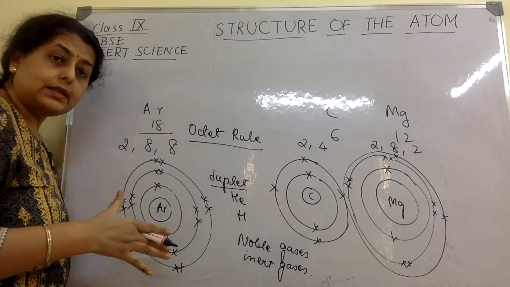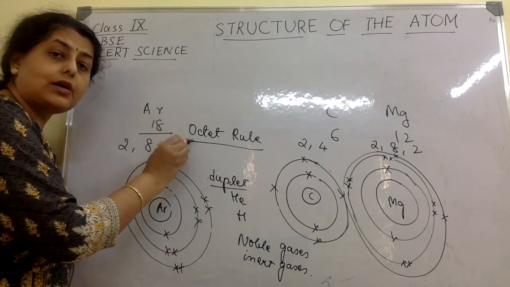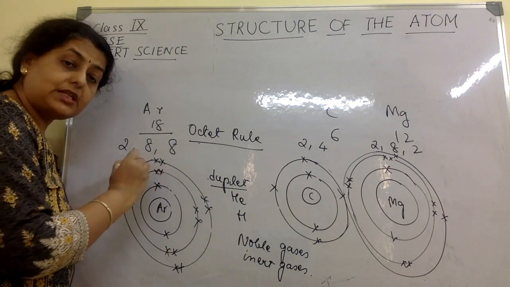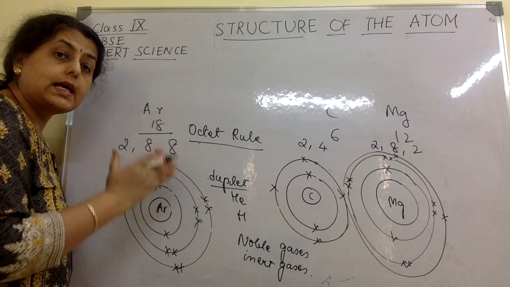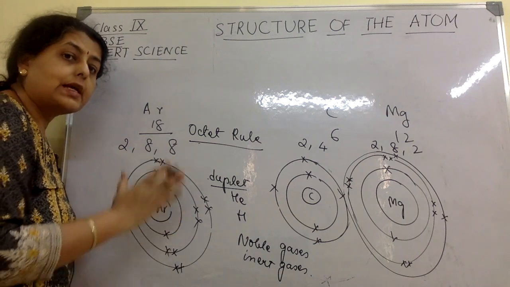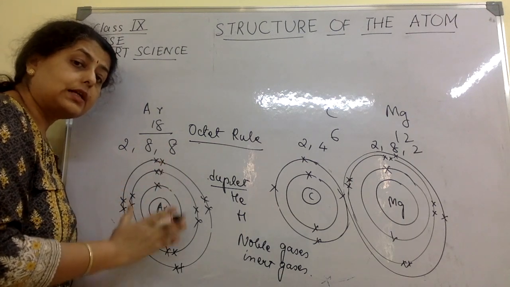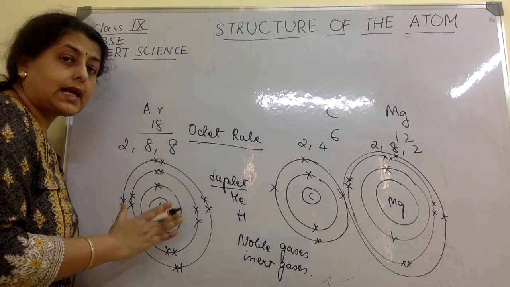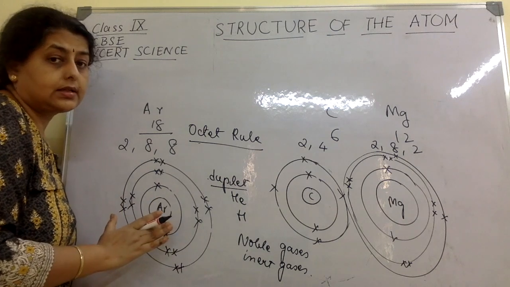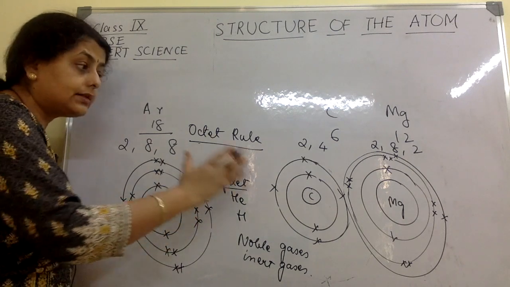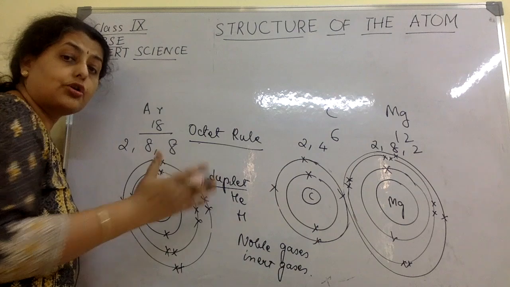Otherwise, all the other inert gases have completed the octet. Whatever the number of electrons, if it has 8 electrons in the outermost orbit, it has attained stability. It can become very stable with the last orbit having 8 electrons. Other atoms are not that stable.